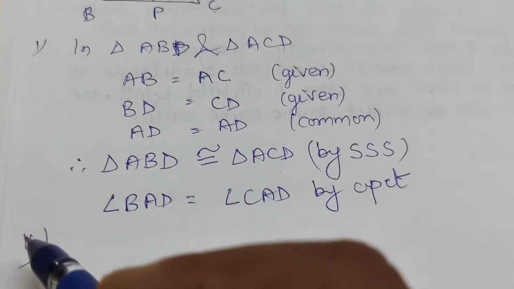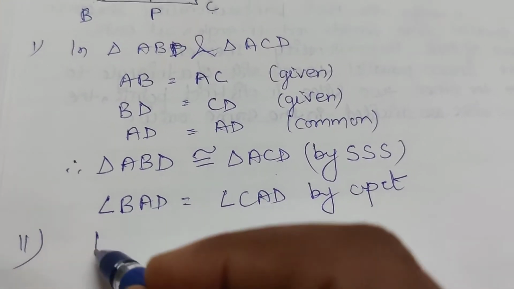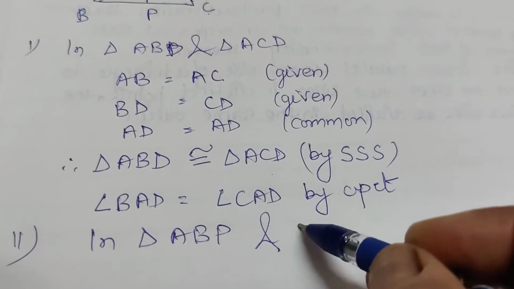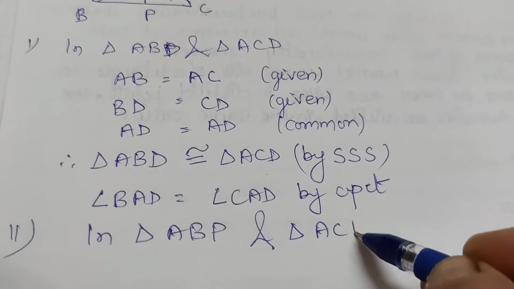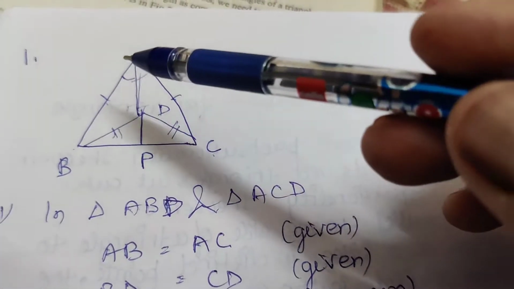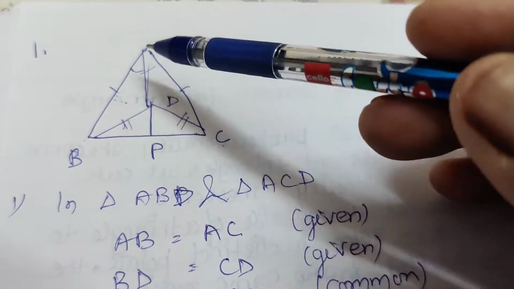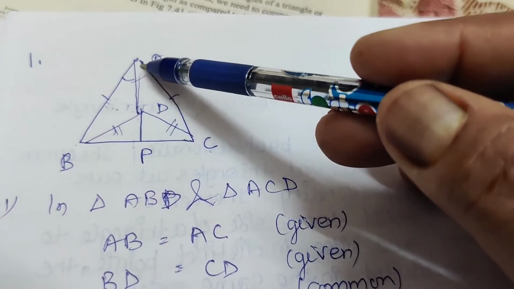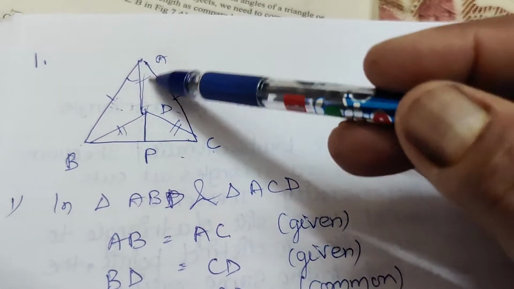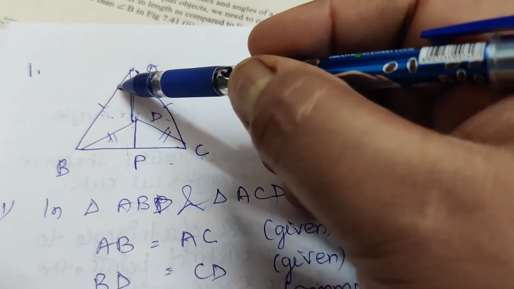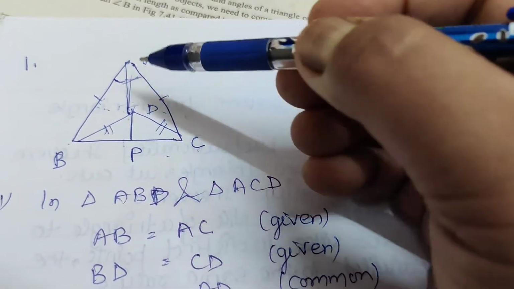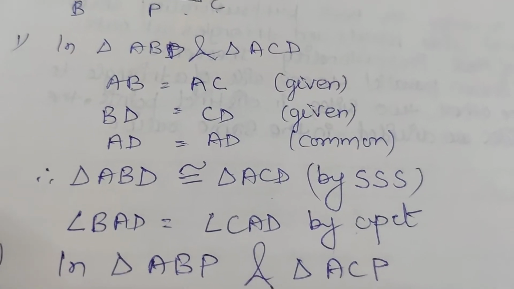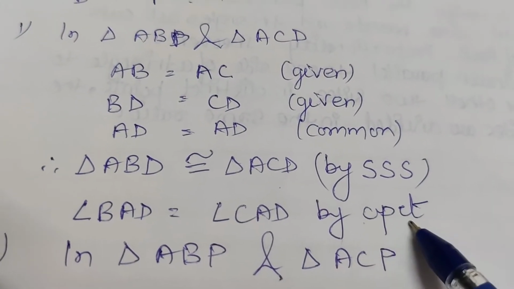Next question, ABP. In triangle ABP and triangle ACP, see here. AB equal to AC. AP common. AB equal to AC, AP common, and third one is angle BAP equal to angle CAP by the above congruent part, corresponding parts of congruent triangles.